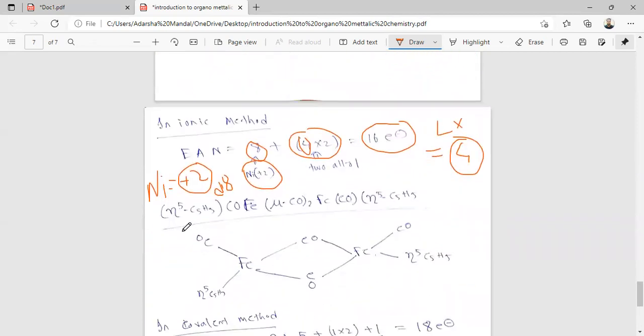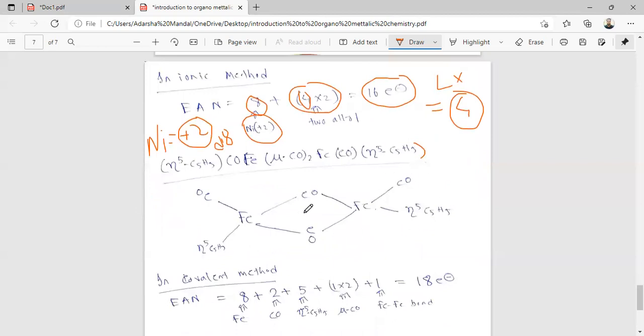So next I will give the example of (η5-C5H5)Fe(CO)(μ-CO)]2, that is, [Fe(CO)(η5-C5H5)]2. So this is the structure of this complex.